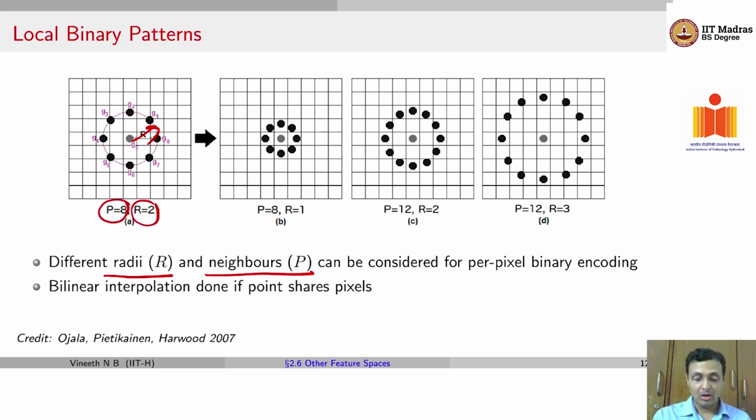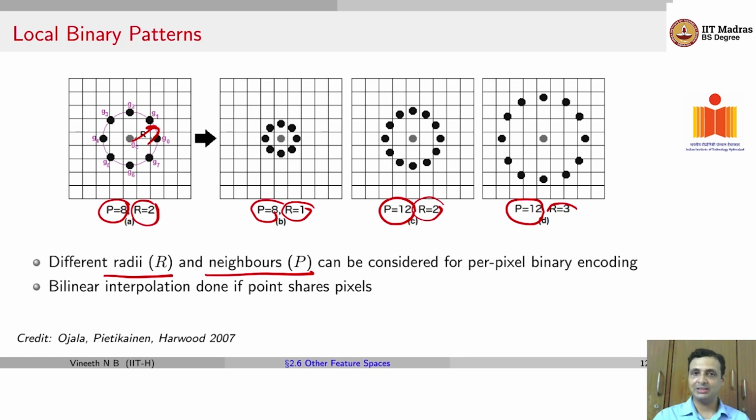Similarly, you could have a closer neighborhood, R is equal to 1, but the number of neighbors the same, P is equal to 8. Similarly, at R is equal to 2, you could increase the number of neighbors and make it P is equal to 12, and at R is equal to 3, further out, you could still have 12 neighbors.